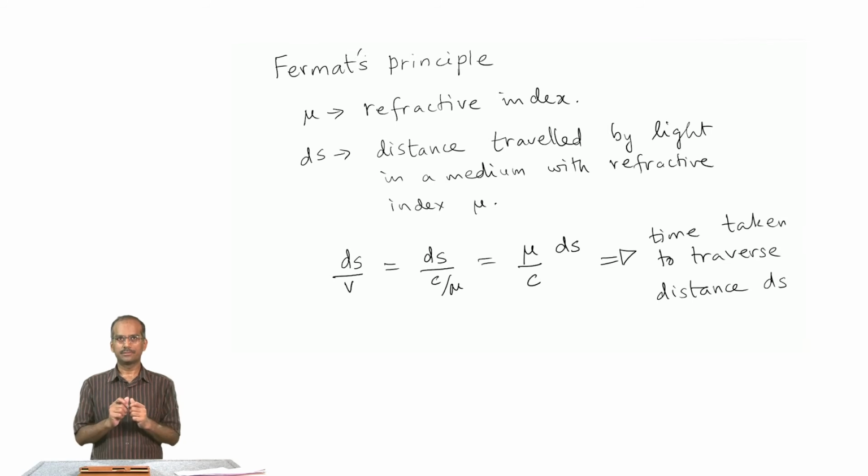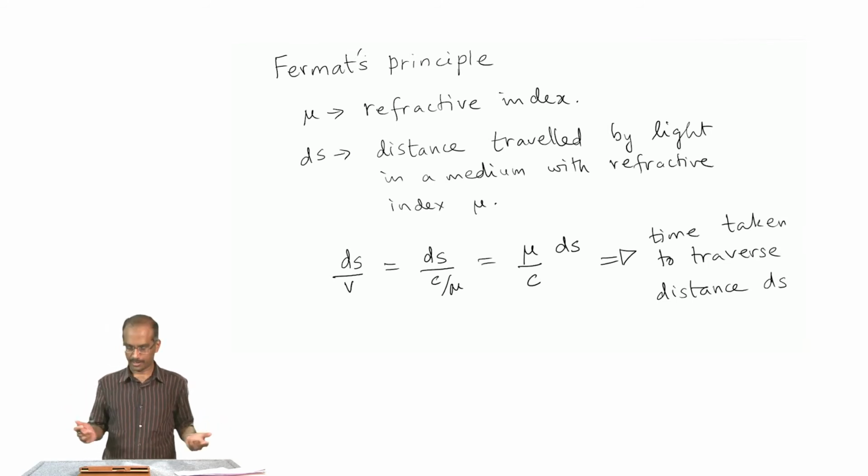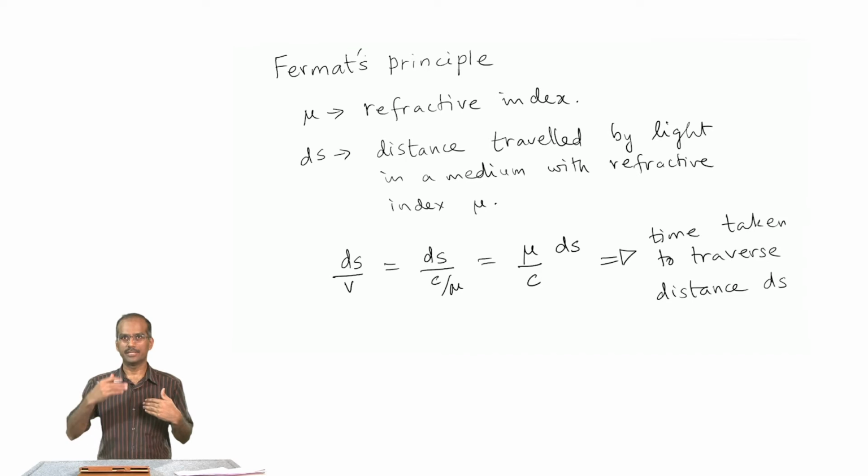Now, I have assumed that light travels in a medium that is characterized by refractive index mu and there is no change in the medium. We can generalize this idea further by saying that light probably travels in a series of different media, each one characterized by a different refractive index.